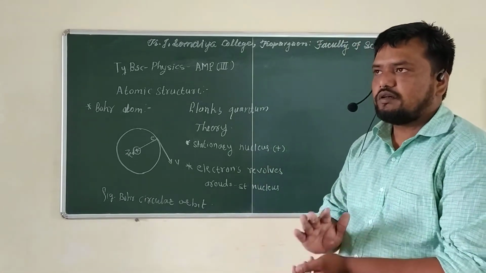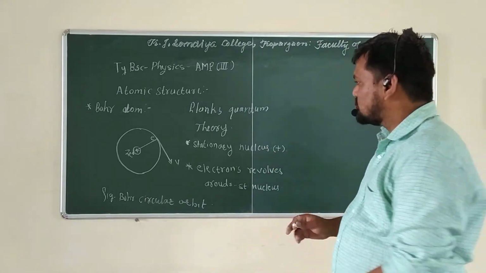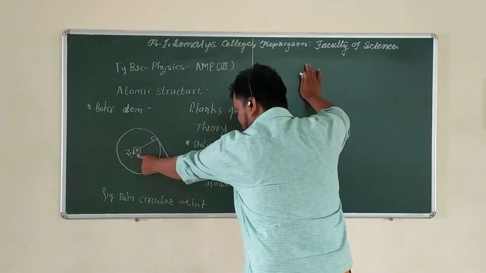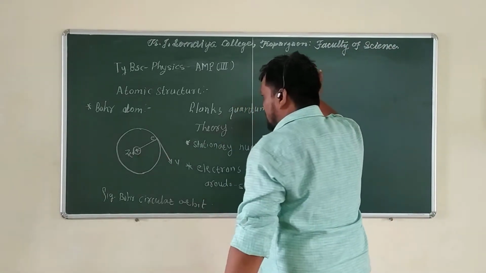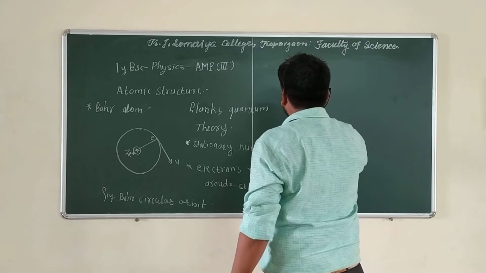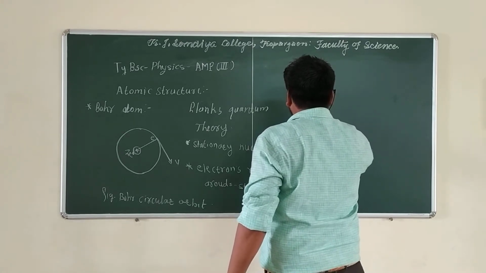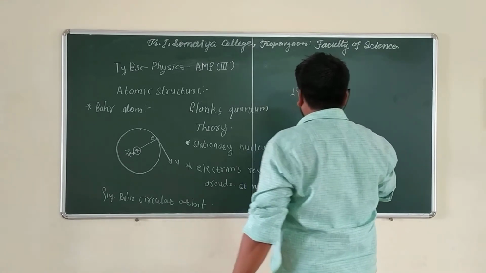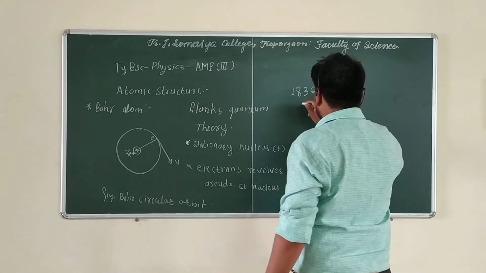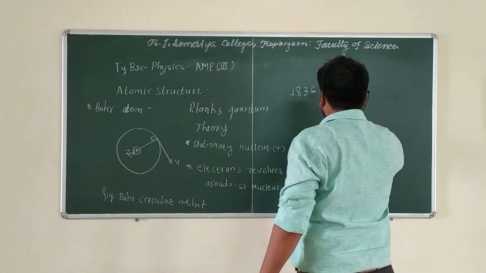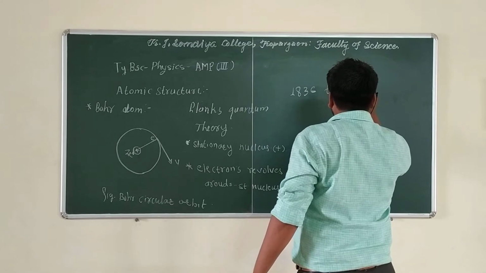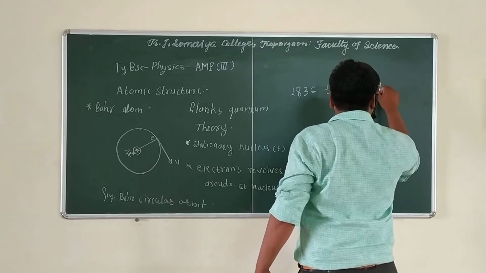The main properties are the charge and mass of the proton. The charge of the proton is positive, and the mass of the proton is 1836 times that of the electron.